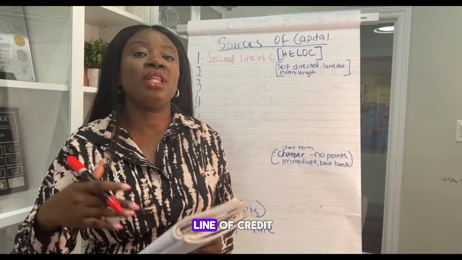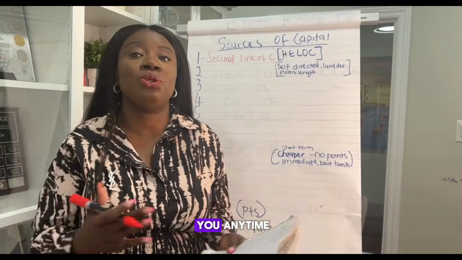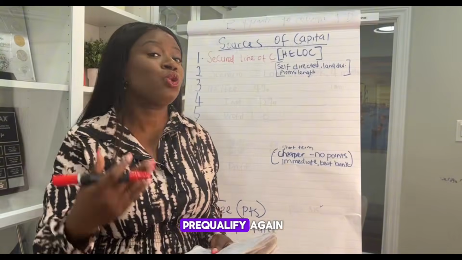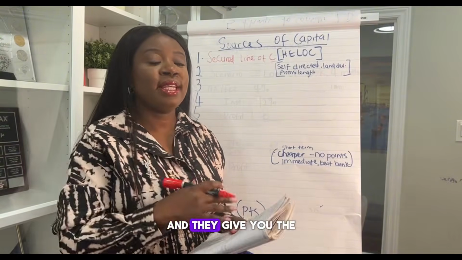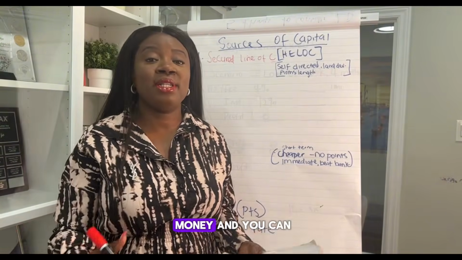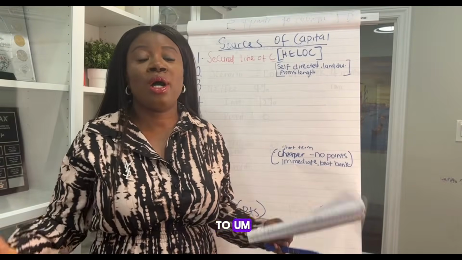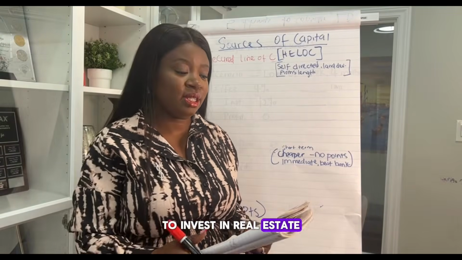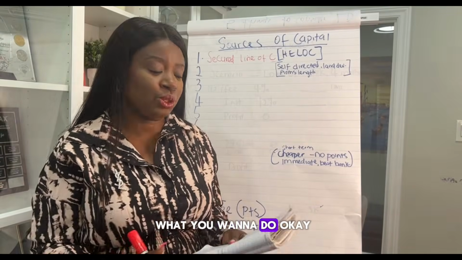So they're giving you a line of credit that is accessible to you anytime. You don't have to pre-qualify again, and they give you access to that money, and you can use it to invest in real estate, pretty much, depending on what you want to do.